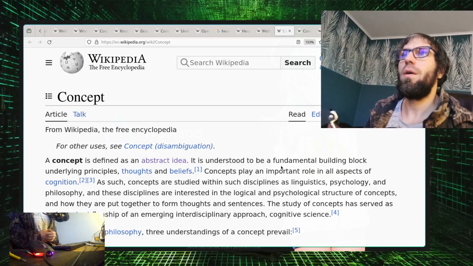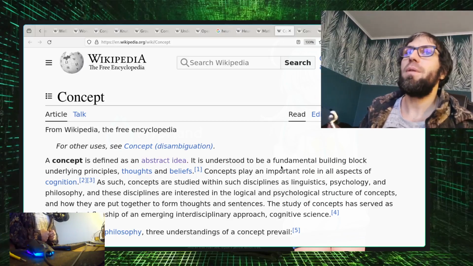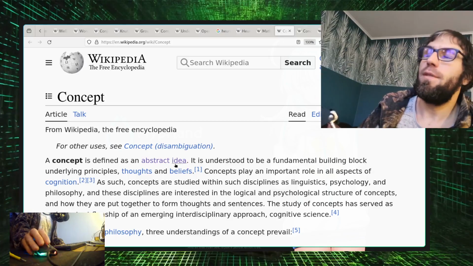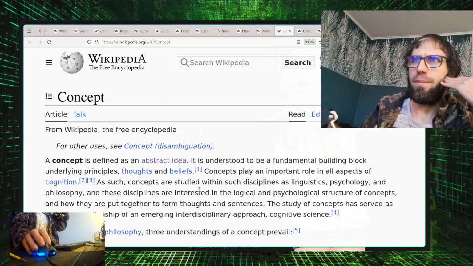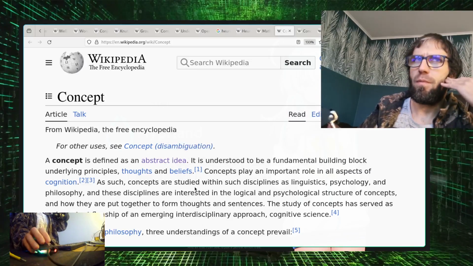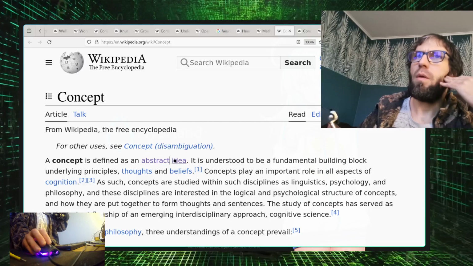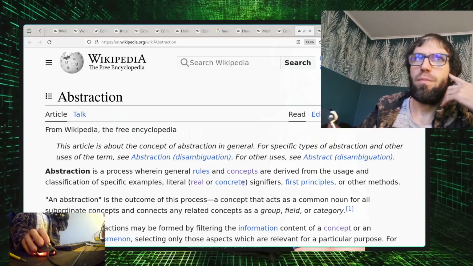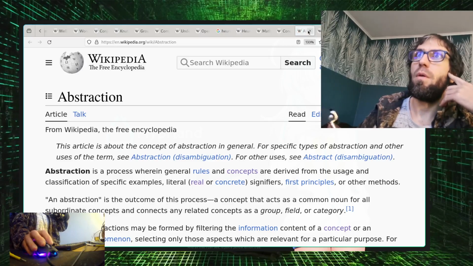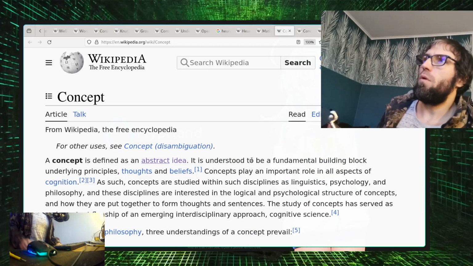Fundamental block, underlying principles, thoughts and beliefs. This is again, they came into the thoughts and beliefs. So everything is our thoughts. Everything is our thoughts. Interesting.